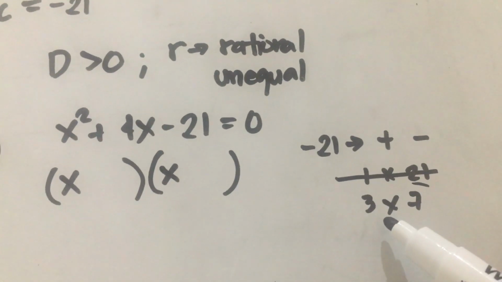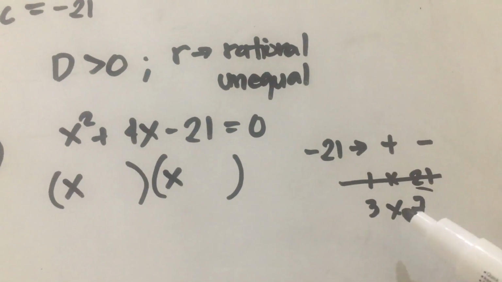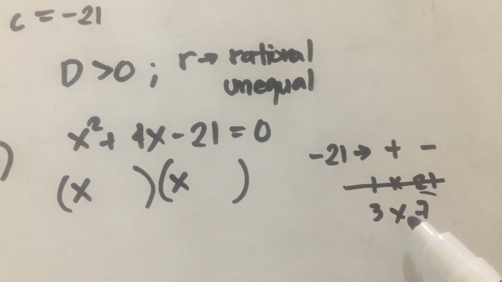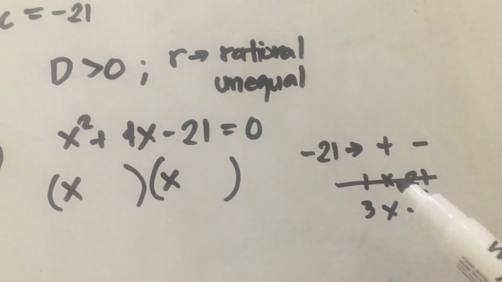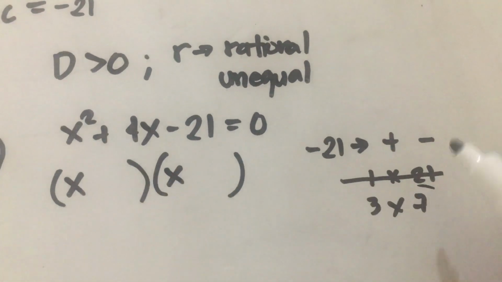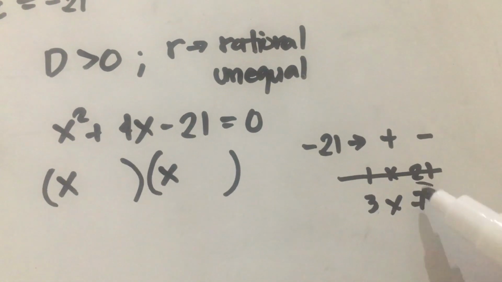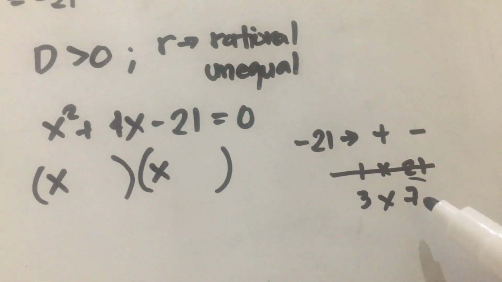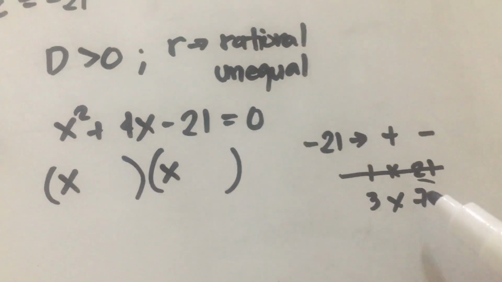So, let's focus now our attention on 3 and 7. Ang 3 and 7 na to, asa dapit ang plus, asa dapit ang minus, para makaabot ta og positive 4. So, for example, akong positive kay ang 3, ako negative kay 7. So, we have 3 minus 7. The answer is negative 4. Okay, dili pwede.